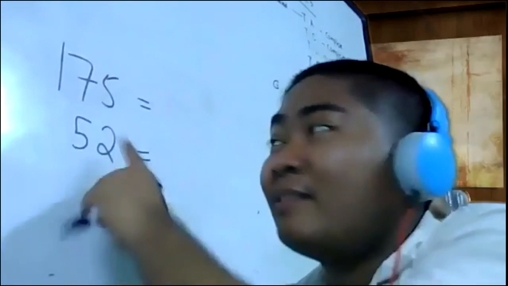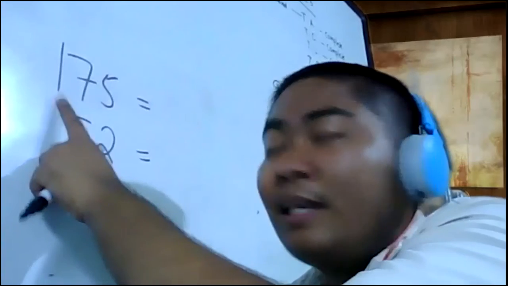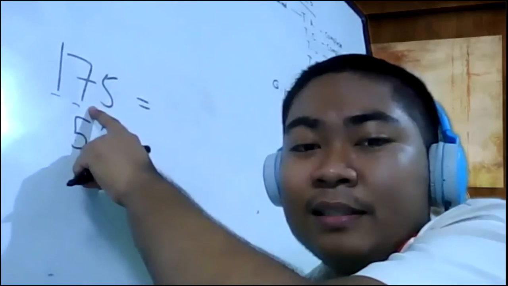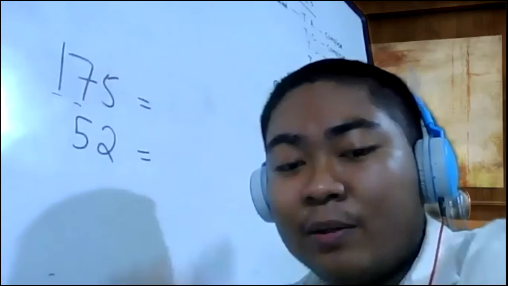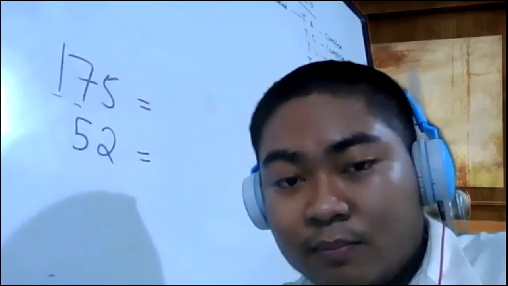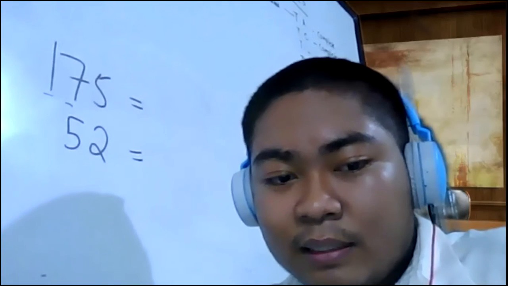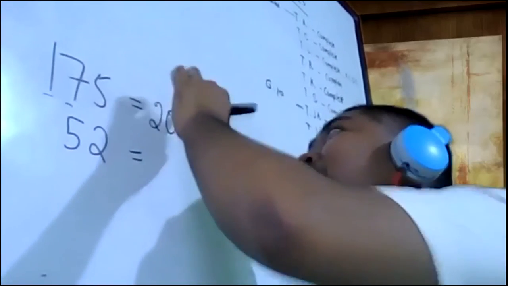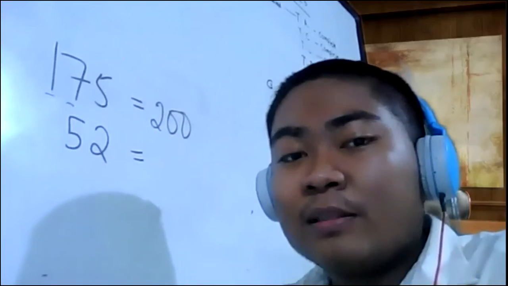So, ano pinakamataas? That's hundreds. Tama? Therefore, ano yung katabi ni hundreds? We have 7. Therefore, are we going to round up or down? We're going to round up. Kaya magiging 200.